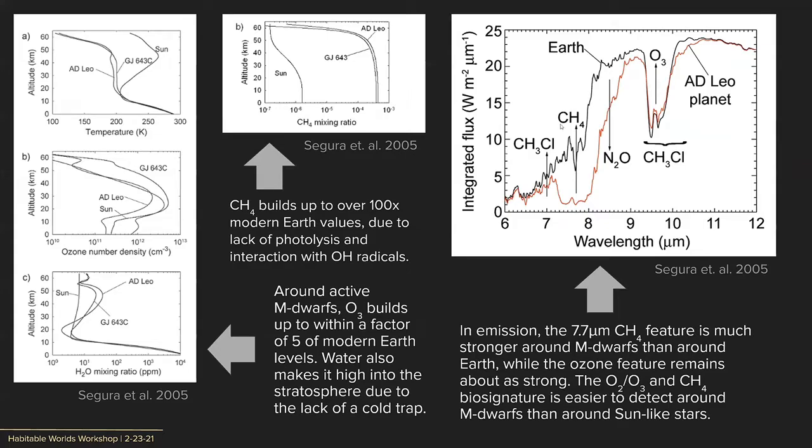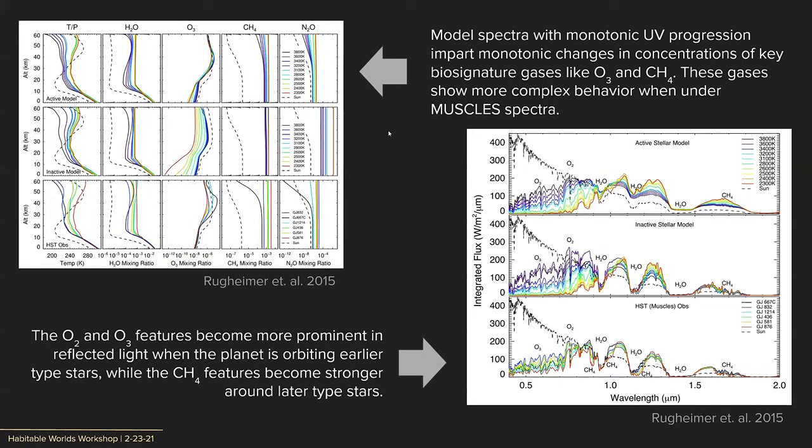So if we were to detect these things simultaneously, that's good evidence that there is some other source of these molecules in the planet somewhere. And so it basically constitutes a biosignature. And so this study basically showed that the O2, O3, and methane biosignatures are easier to detect around M-dwarf stars than around stars like our own sun.